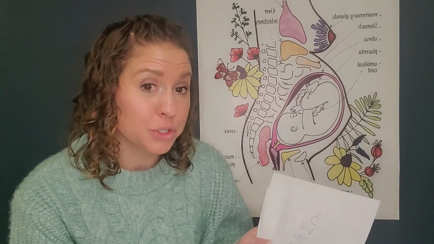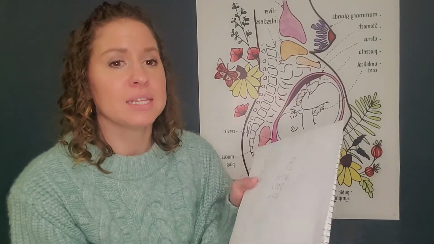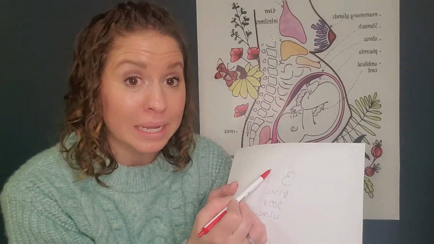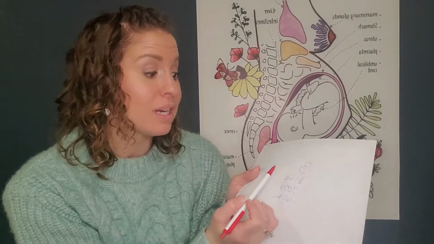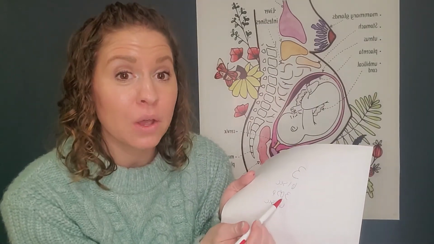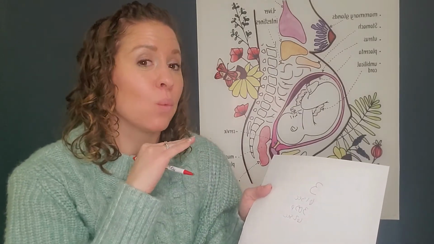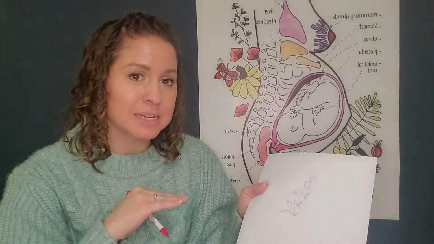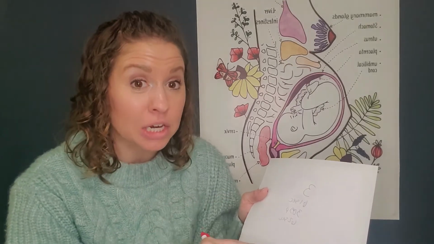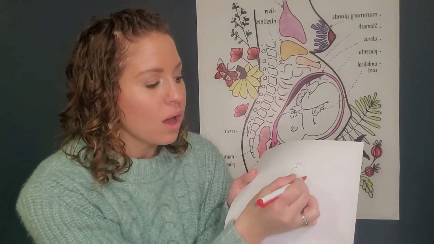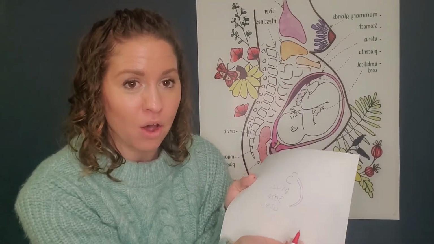So between the two contractions, the first one started at 3 and the second one started at 3:05. The time when one starts to the next time the next one starts is how far apart they are.